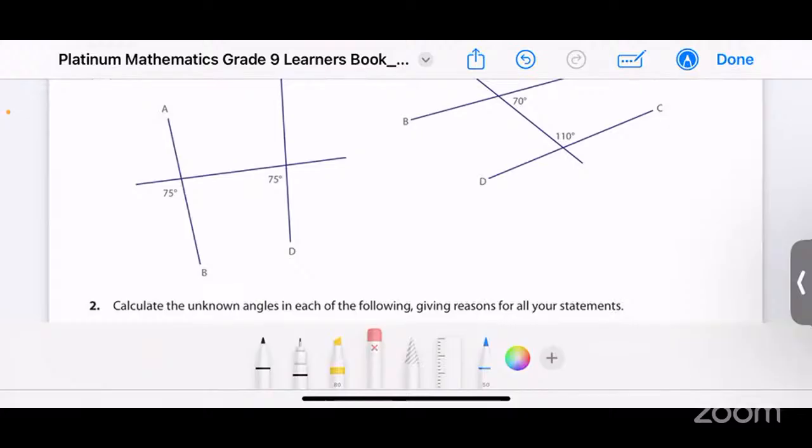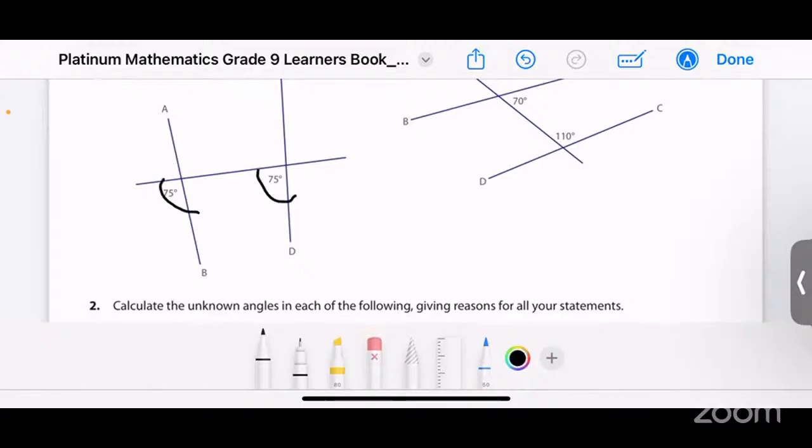Can we say they are parallel? They are parallel.